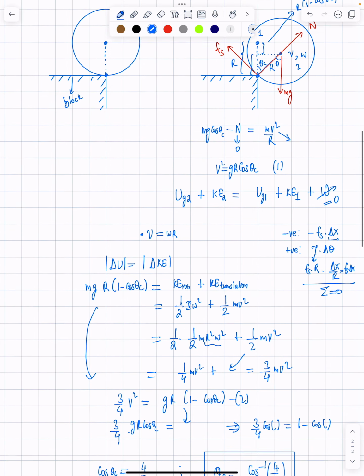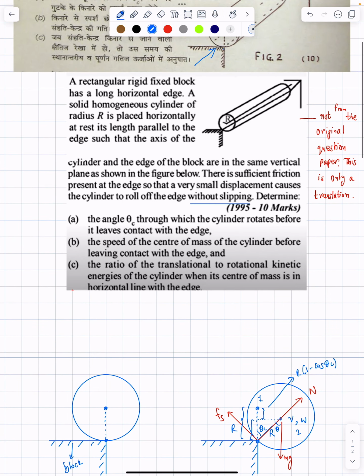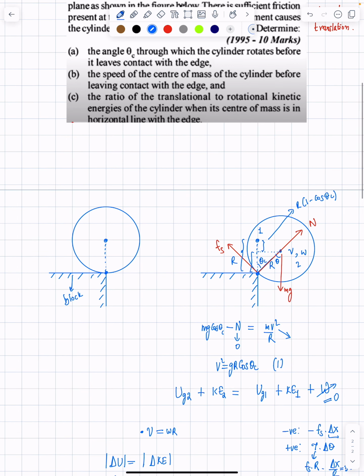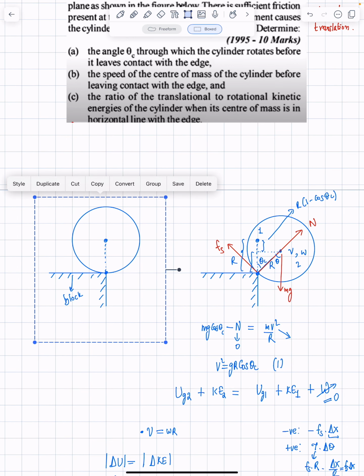Now the last part, let's see. The ratio of translation to rotation kinetic energy of the cylinder when its center of mass is in a horizontal line with the edge. Okay, so what it is asking is, let me copy this picture.